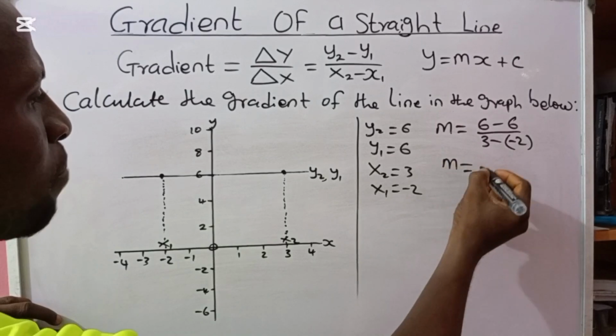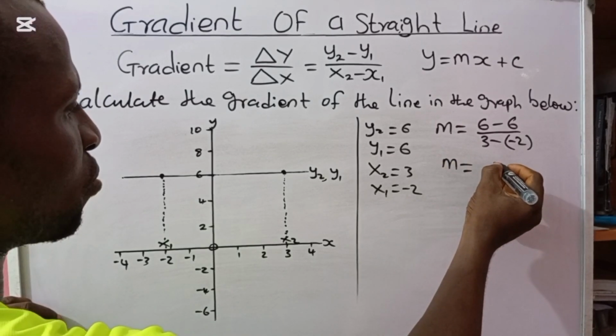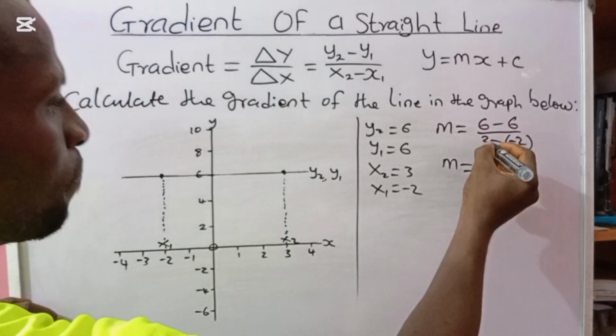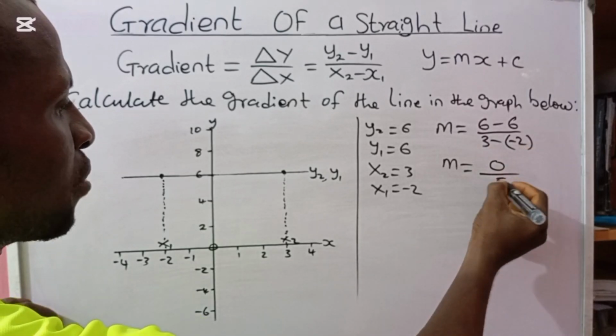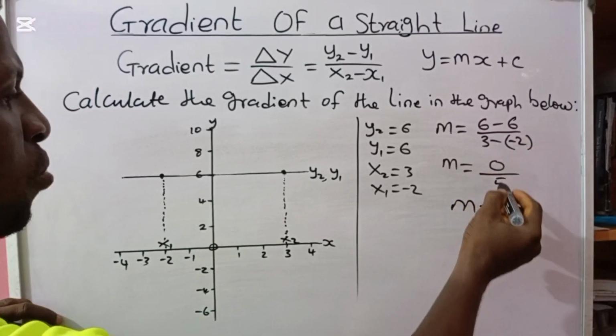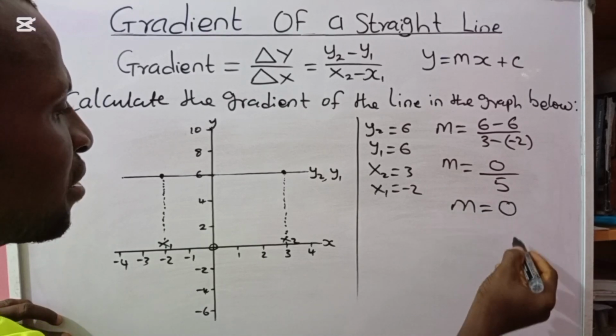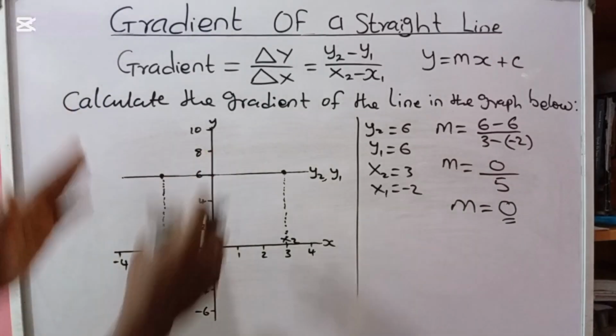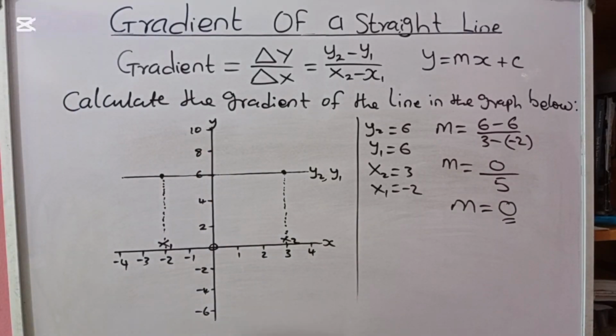The gradient will now be 6 minus 6 will give us 0. Then 3 plus 2 will give us 5. Then the slope becomes 0 divided by 5. The answer is 0. And that is why we call this kind of graph zero gradient.